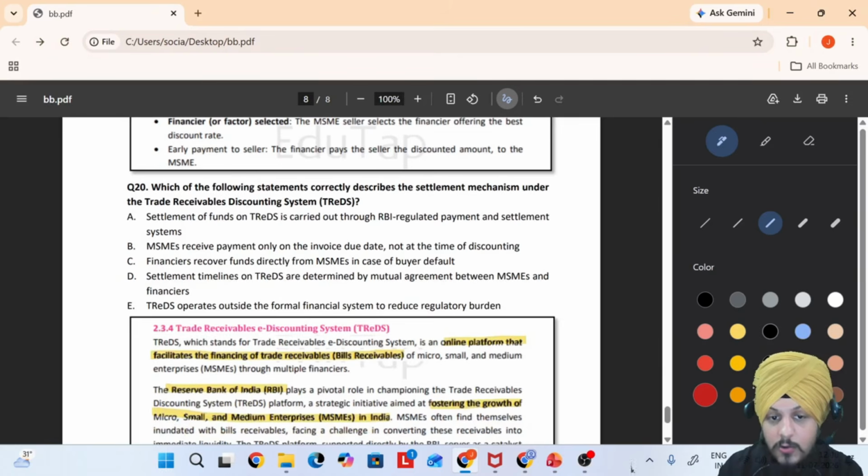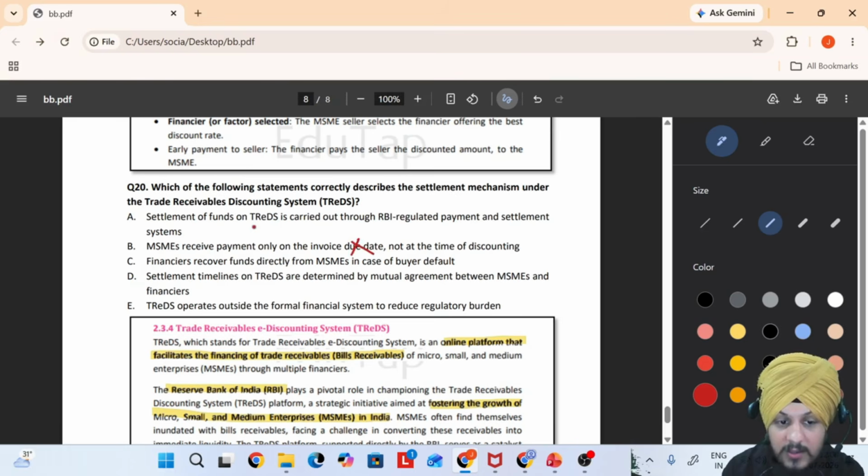Now the next one, question number 20. Which of the following correctly describes the settlement mechanism under TReDS? Option A: settlement of funds on TReDS is carried out through RBI-regulated payment and settlement systems. Option B: MSMEs receive payment only on the invoice due date, not at the time of discounting. This is not true.